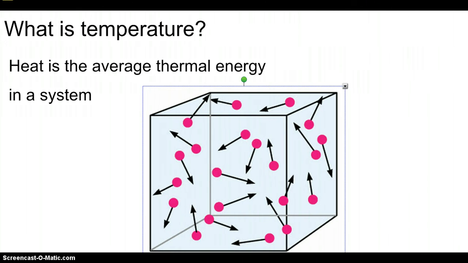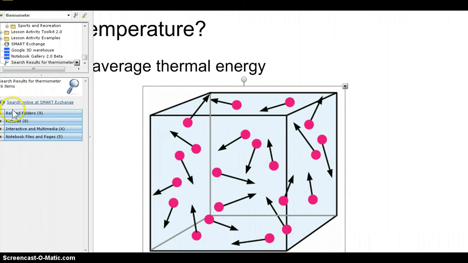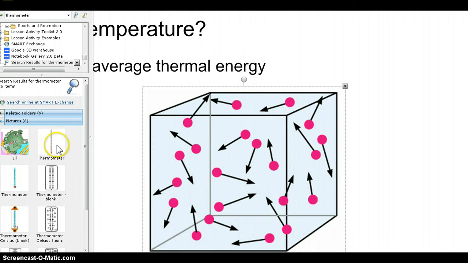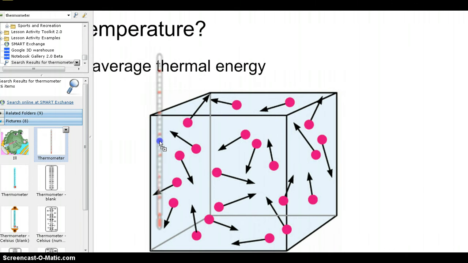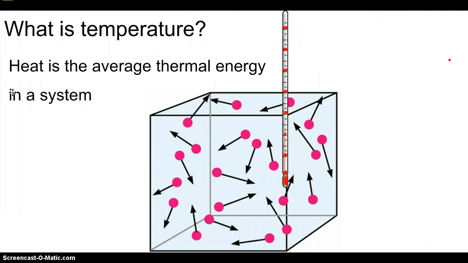On the other hand, temperature. Temperature is the average thermal energy in a system. So if we put a thermometer into our system here, it is going to tell us the average thermal energy in that system.